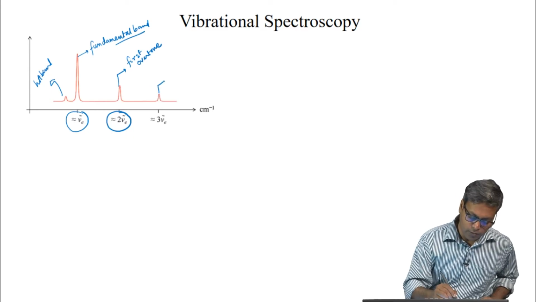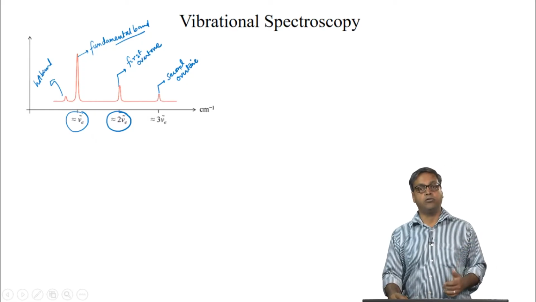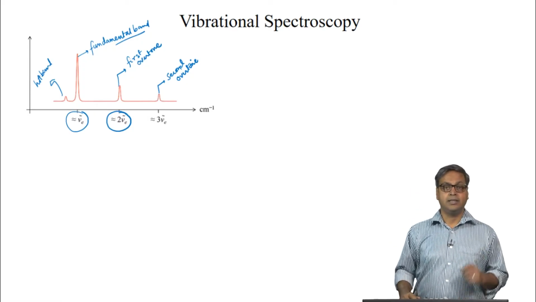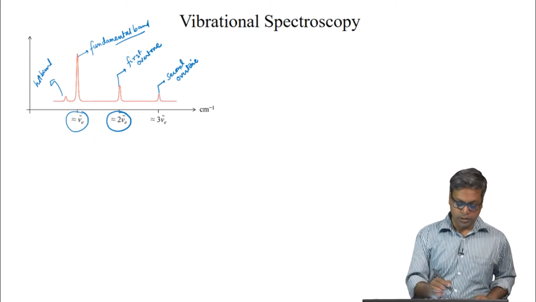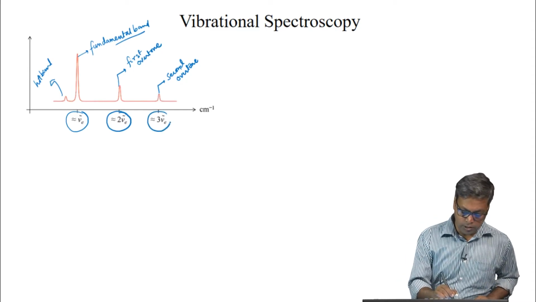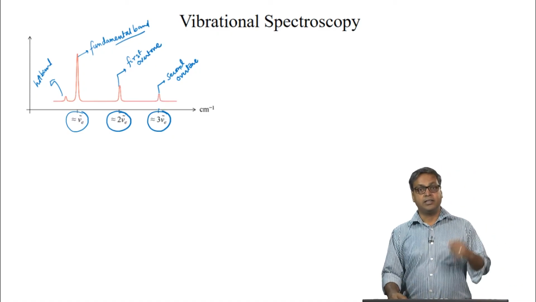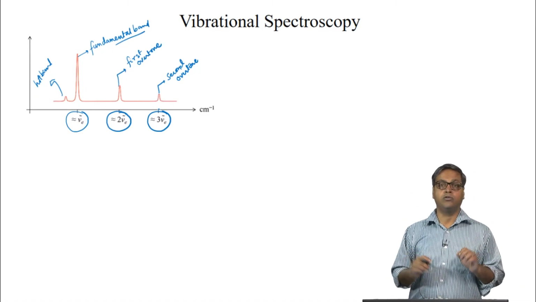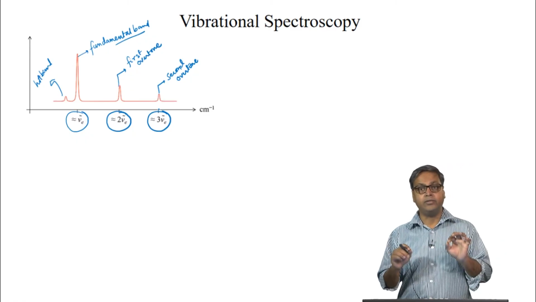So, here we have the second overtone. The second overtone will occur at a frequency that is approximately 3 times that of the fundamental, or 3 nu bar E. In reality, the first and the second overtones are slightly less than twice and thrice the fundamental.